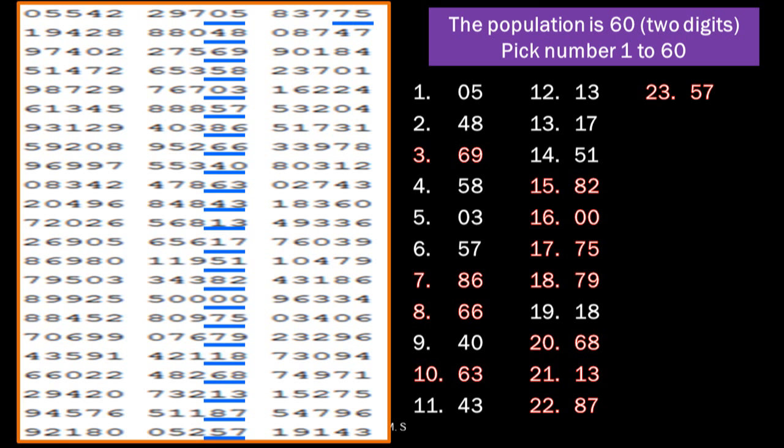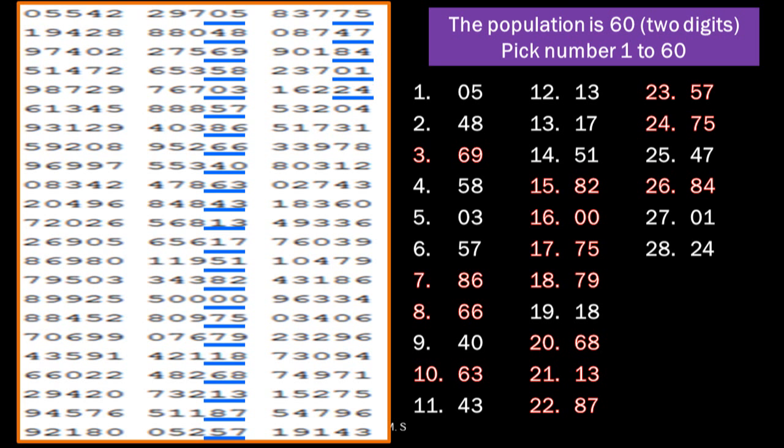So now we have 75. Okay, that is bigger, we discard it. 47, that's okay. 84, bigger. Number 1, it's okay. 24, that's okay. Number 4, it's also okay.